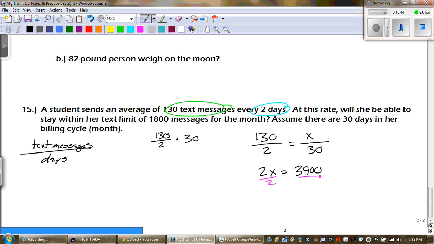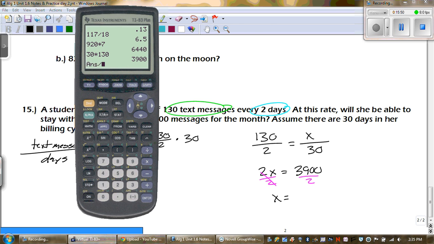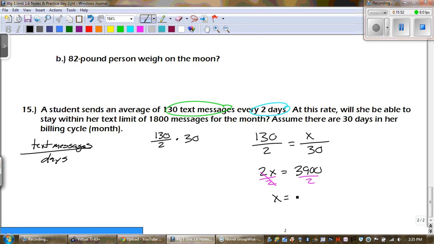And then to solve, we divide by 2. And we get x equals 1,950 text messages per month.